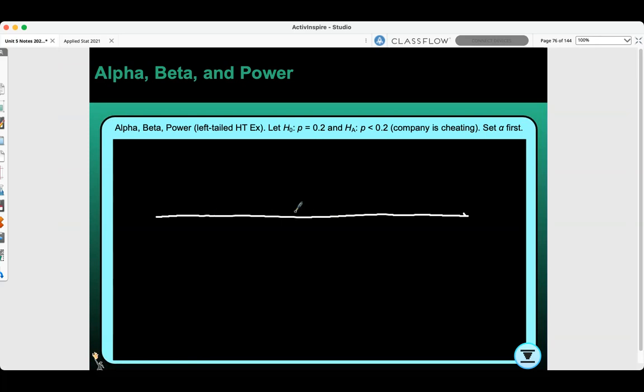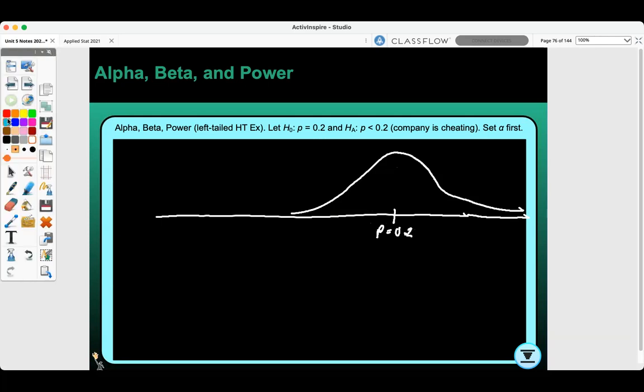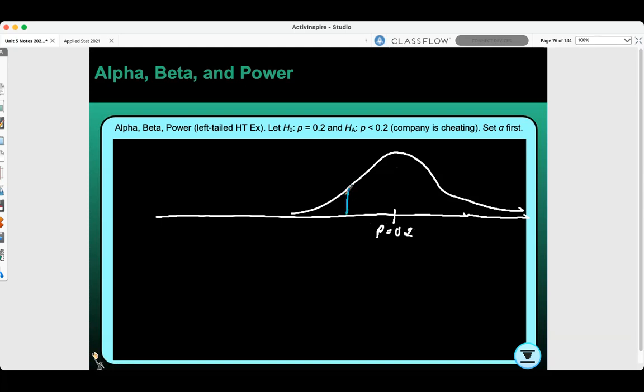I have my normal distribution curve, and here I would have P. And alpha is the region where we reject the null hypothesis, but the null hypothesis is true. So we're going to set our alpha region first. So this would be our alpha.